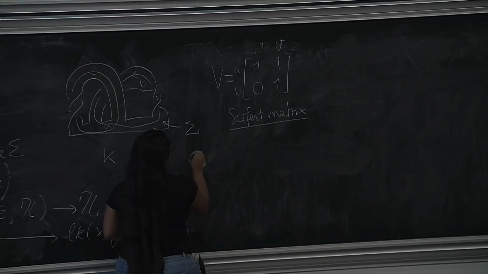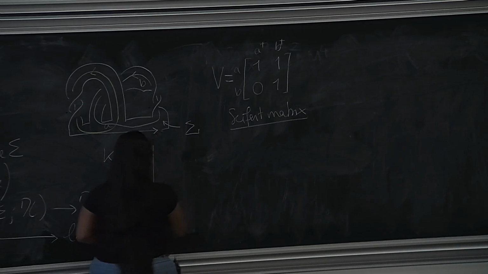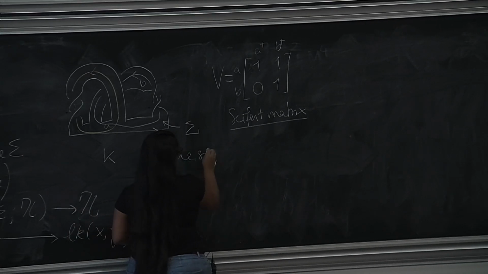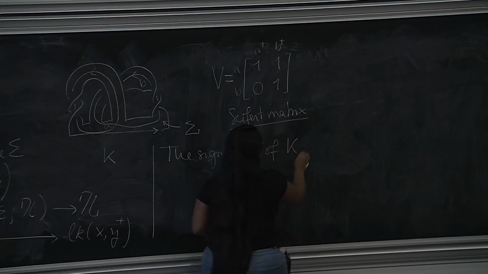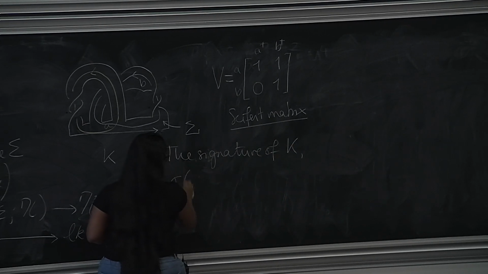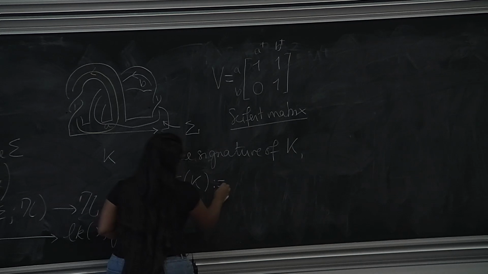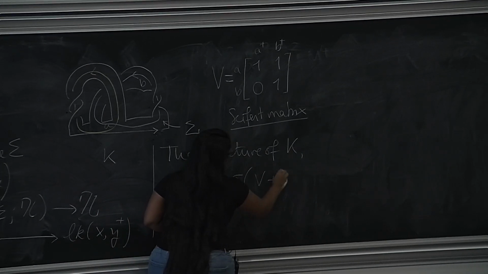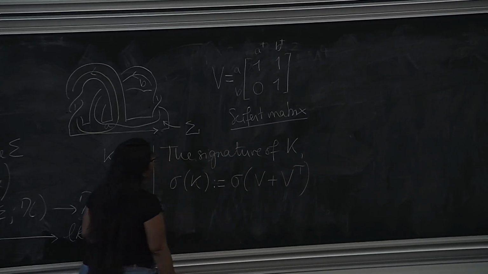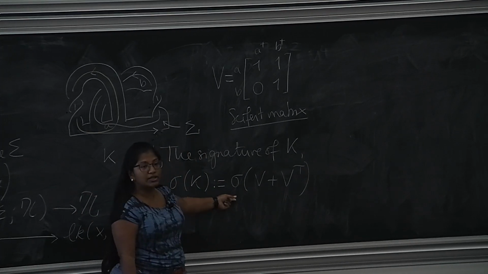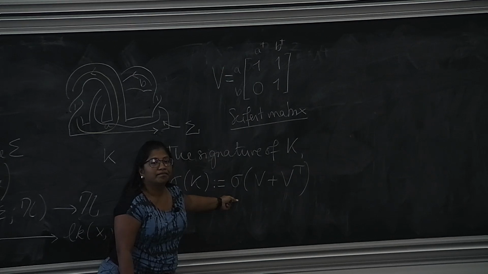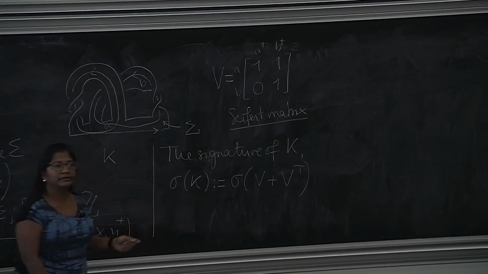Then the signature of the knot K, which is denoted sigma K, is by definition, you take such a Seifert matrix, you add its transpose to make it symmetric, you compute its signature, and that's the signature of the knot.